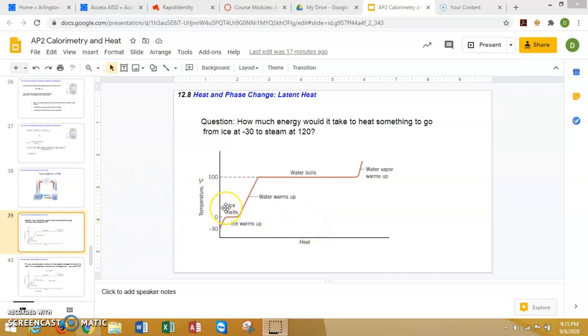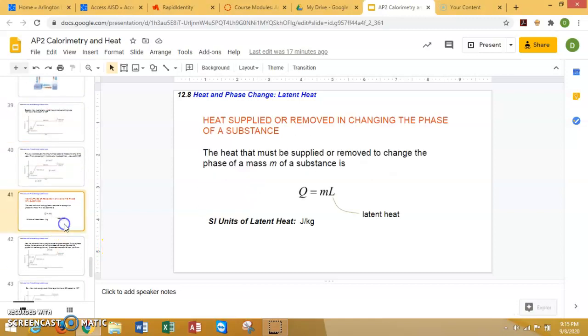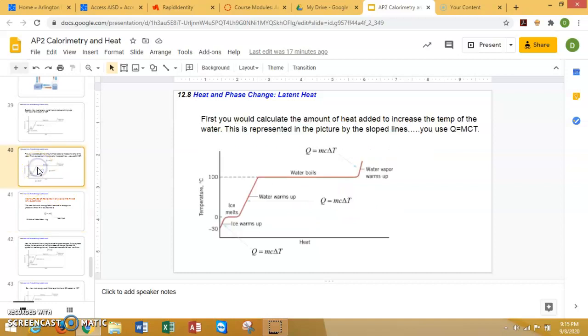You're going to use your MCΔT equation, and you're also going to use this thing. This is used on the flat lines, and MCΔT will be used for these positive slope lines. And of course the problem is going to give you all of these little things. You're going to know what M is and what C is for these various times, right?